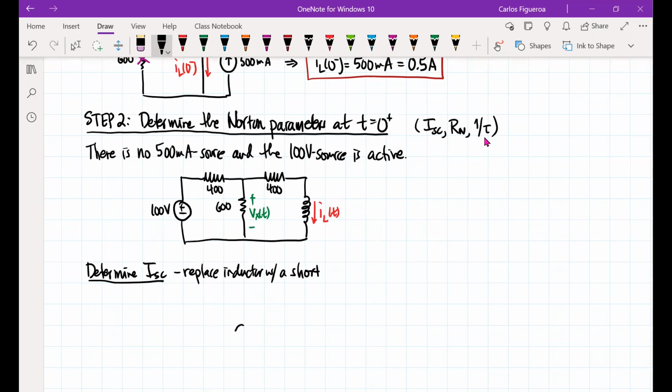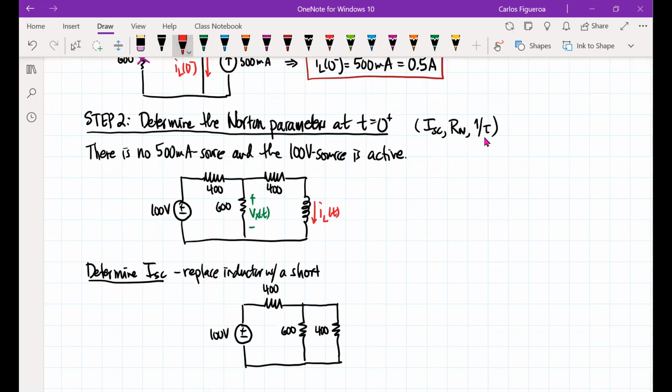And so I have an effective circuit that looks something like this. I have a 100-volt source. I have a 400, I have a 600, and then look how I'm drawing this. I have my 400 right here. So here's my 600, 400, 400.